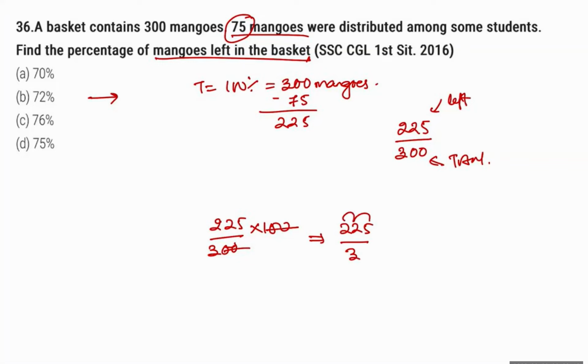The sum of the digits is divisible by 3 and 9, so we divide by 3, and it becomes 75. That is 75%.